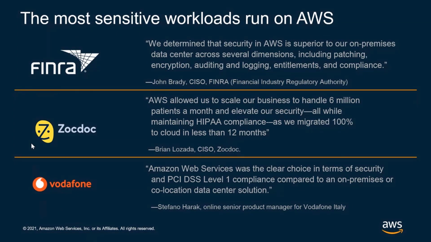Countless customers, including FINRA, ZocDoc, and Vodafone, to name a couple of very stringent customers who are running their most sensitive workloads on AWS, have made that determination that they can meet all of their security and data sovereignty requirements by running their entire stack in an AWS region, and that it meets all of their needs.